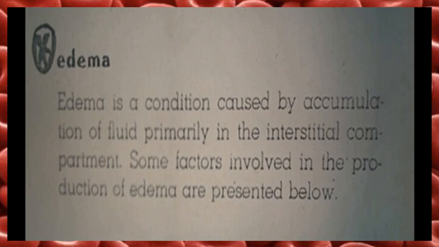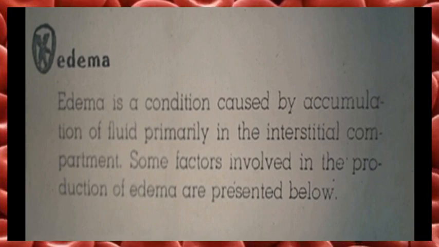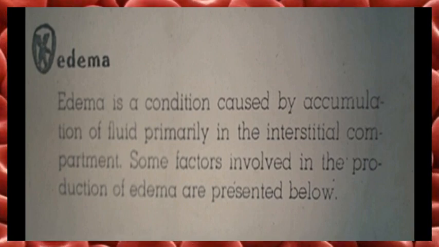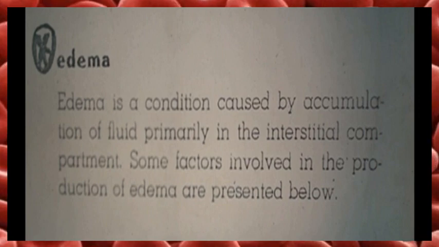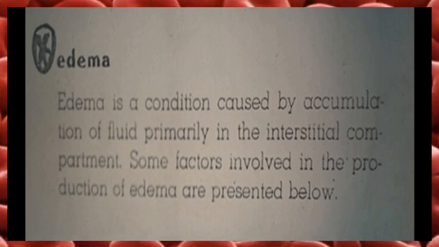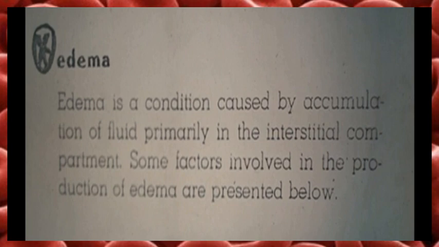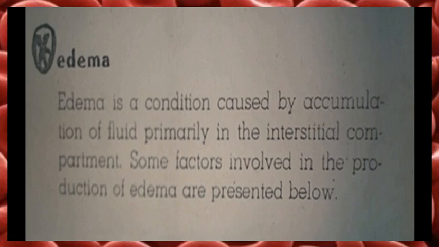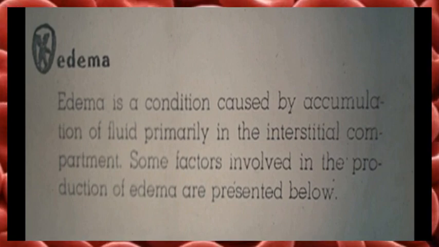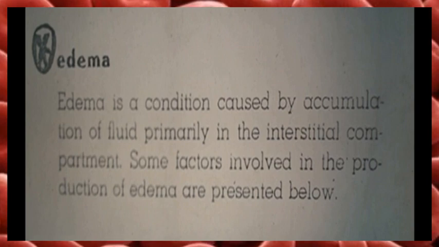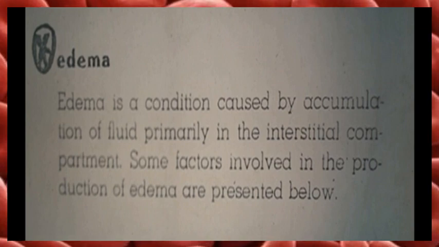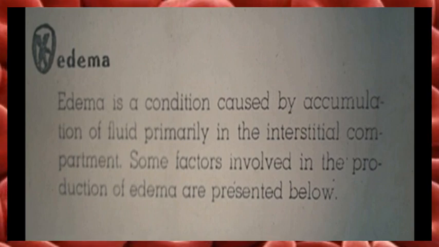Sometimes fluid remains in the interstitial spaces. This is called edema. Edema is a condition caused by accumulation of fluid primarily in the interstitial compartment. Some factors are involved in the production of edema, and we will present them.